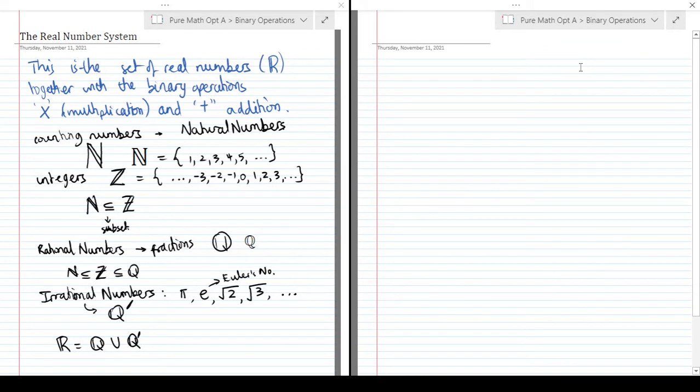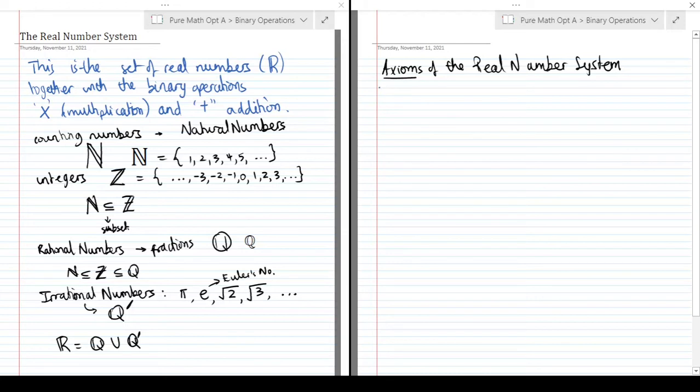Right. So anyway, that's what the real numbers are. But the real number system is the real numbers together with multiplication and addition, right? Now, the axioms of the real number system is what I want to go through first. Now, an axiom is basically a mathematical statement that is absolutely true, that cannot be proven false.